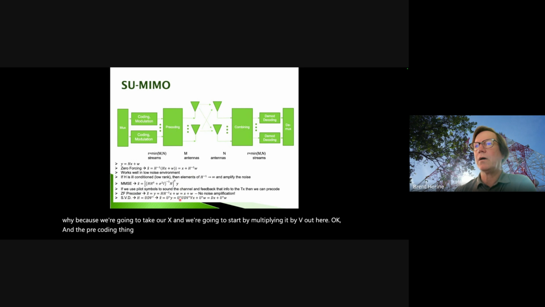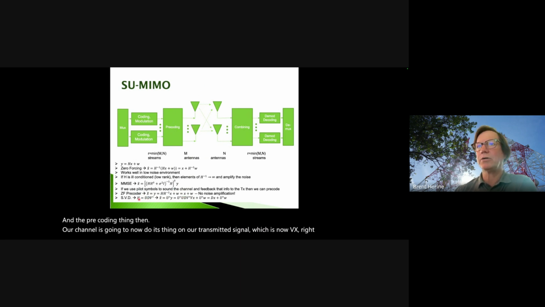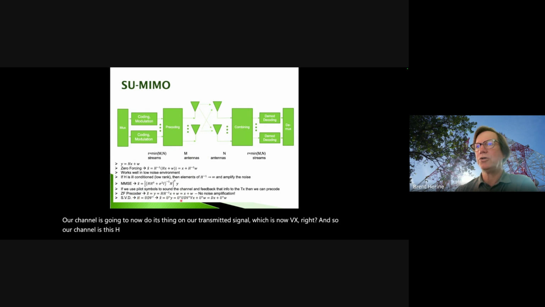Then our channel is going to do its thing on our transmitted signal, which is now Vx, right? And our channel is this H equals UDV star, right? So that does its thing on this Vx. And then we're also doing this U star at the receiver.